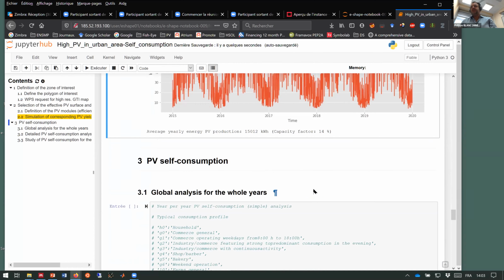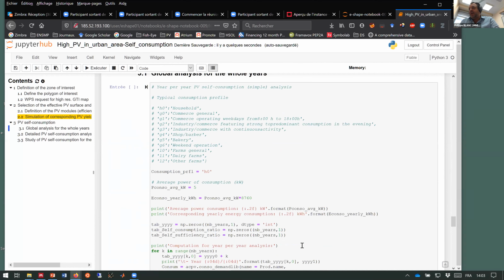Then, since it's PV self-consumption, we want to do an analysis compared to the electric consumption. In that use case, unfortunately, we don't have any real electric consumption for this area.